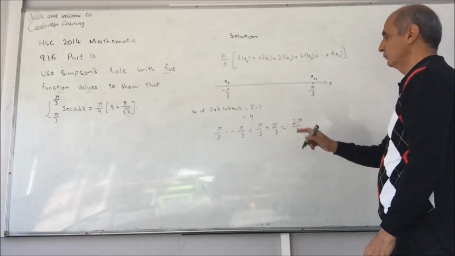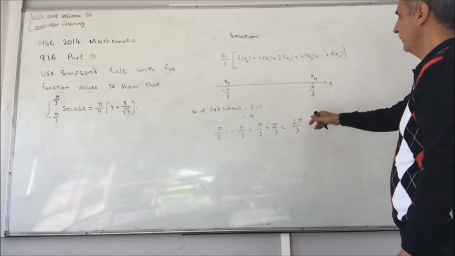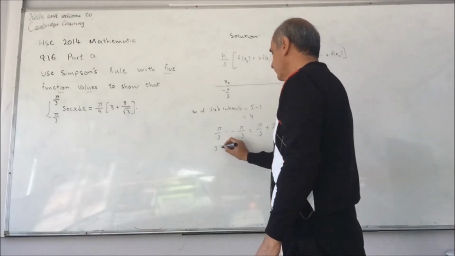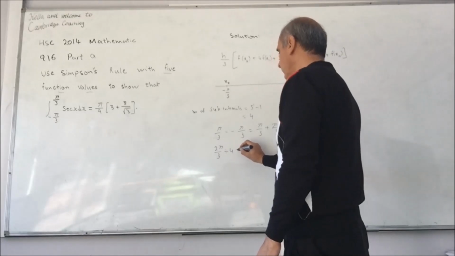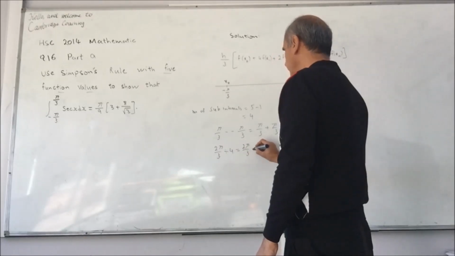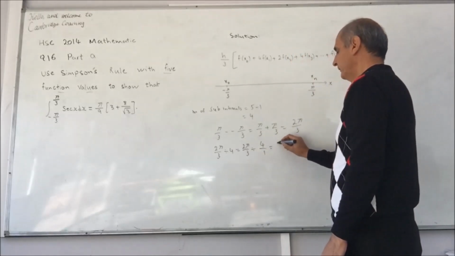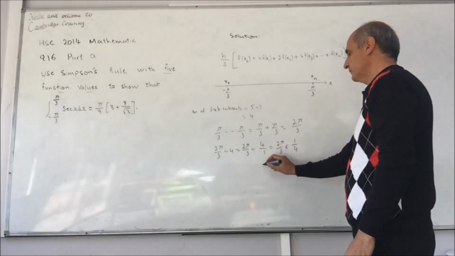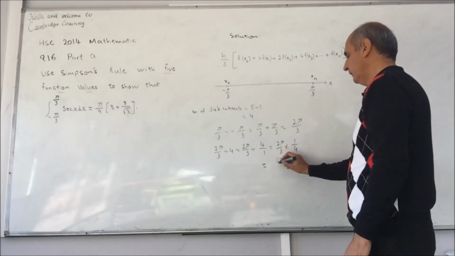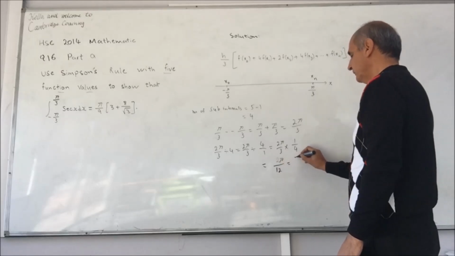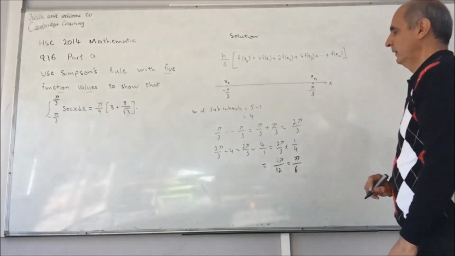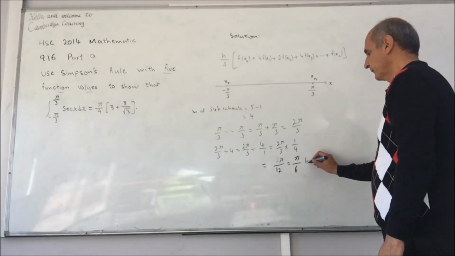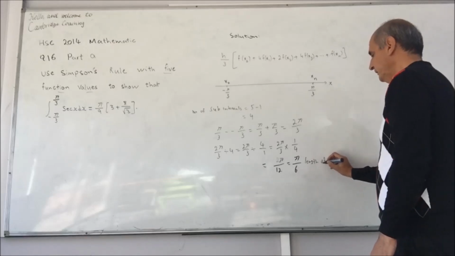That's my total length. Now I need to divide this by 4. 2 pi on 3 divided by 4 on 1, I flip the second fraction and multiply, so that gives me 2 pi on 12, which simplifies to pi on 6. So this is the length of each subinterval.